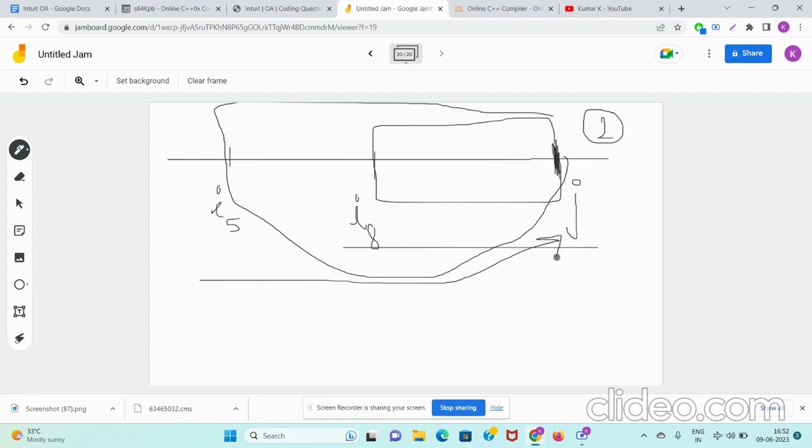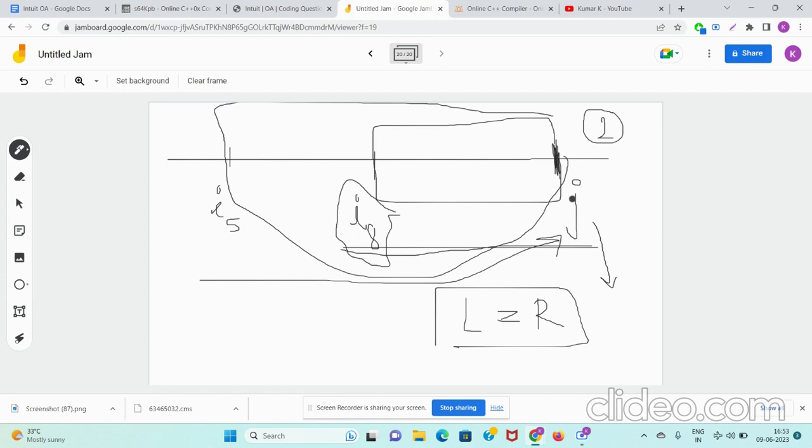Now for this, LHS should be equal to RHS. If this is a valid subarray from I8 to j, it basically means the value which we calculate here should be equal to the value which we calculate here.